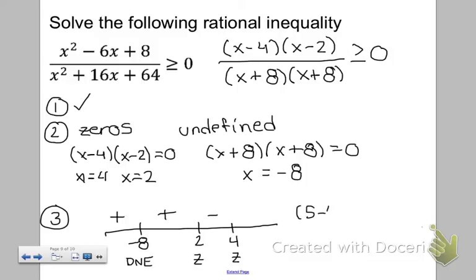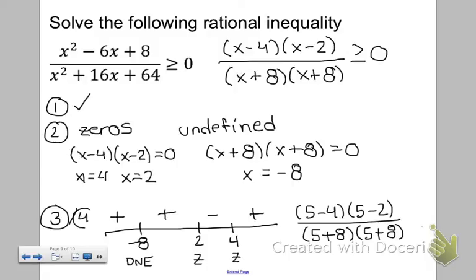We'll have 5 minus 4 times 5 minus 2 over 5 plus 8 times 5 plus 8. And you're going to find out that this gets you back to a positive number. Now, we're done with step 4 because we put in those signs, positives and negatives for each region.